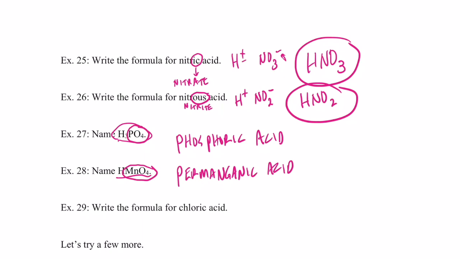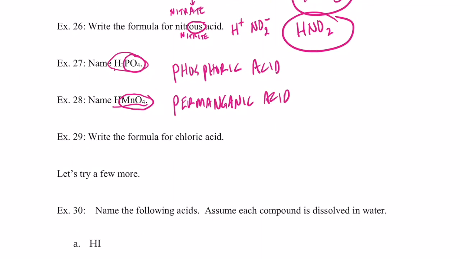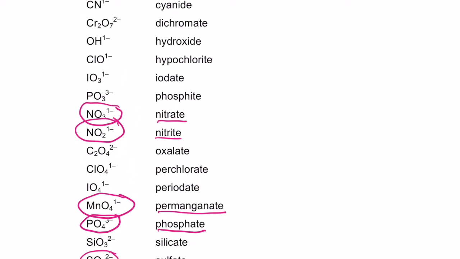Okay? All right. Let's try writing the formula for chloric acid. So we know it's not binary. There's no hydro in front of it, so it's a ternary acid. So where does chloric come from? Well, ic comes from ates. So we need to look up the chlorate radical on our polyatomic chart. So let's find chlorate. See, there's perchlorate.